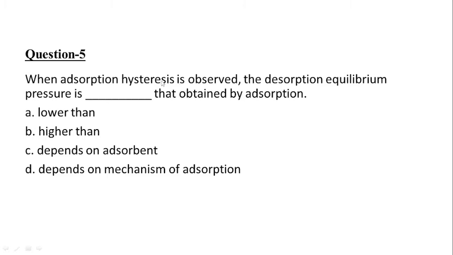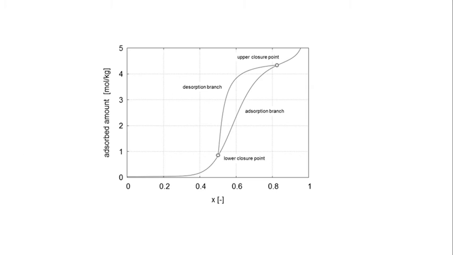When adsorption hysteresis is observed, the desorption equilibrium pressure is always lower than that obtained by adsorption. So here we can see an adsorption hysteresis where the amount of adsorbate adsorbed per kilogram of adsorbent is on the y-axis, and in the x-axis the relative pressure is given, that is P by P0.